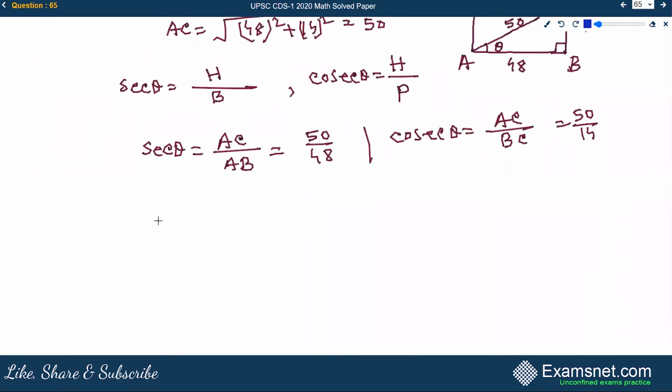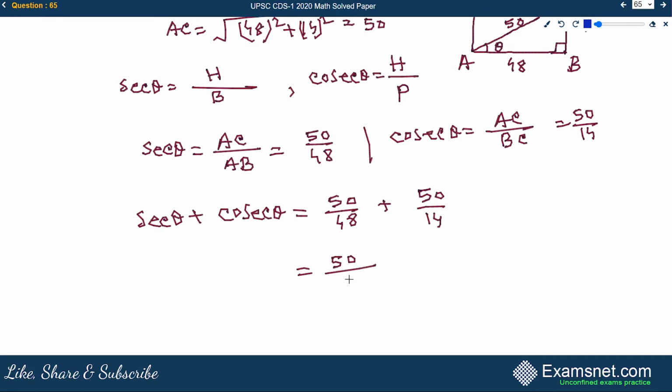So the sum of these two values, sec theta plus cosec theta, is 50 by 48 plus 50 by 14. If I solve them, I can take common 2 out of 50. It would become 1 by 24 plus 1 by 7, so this would result in 25.